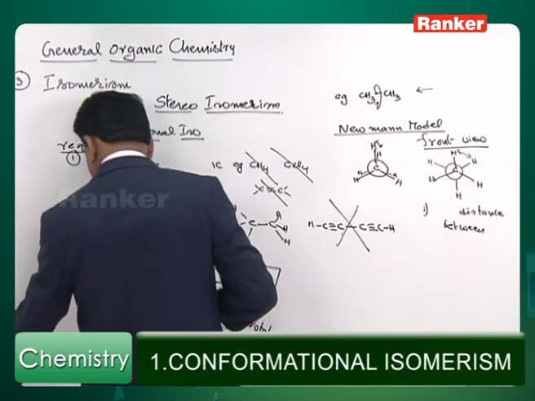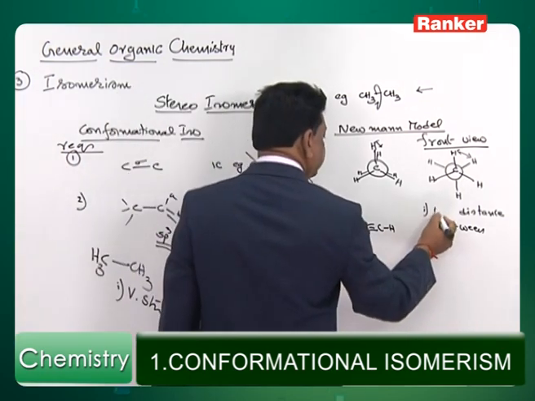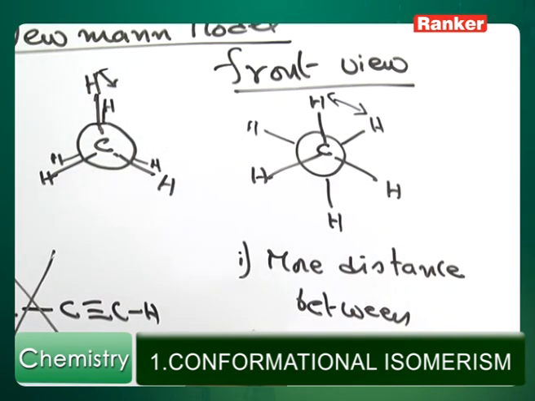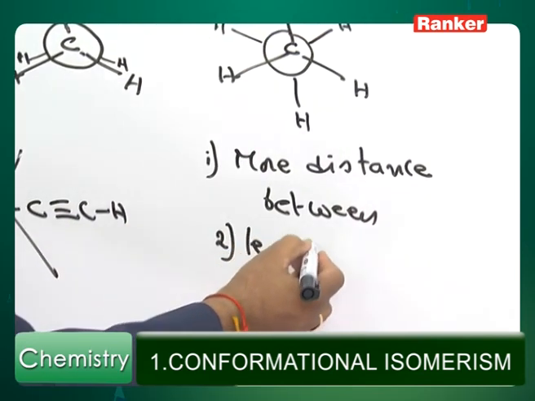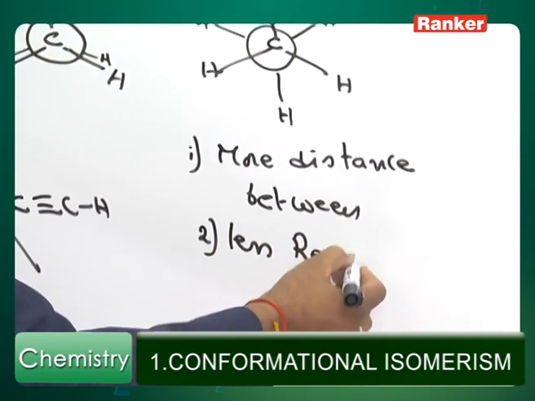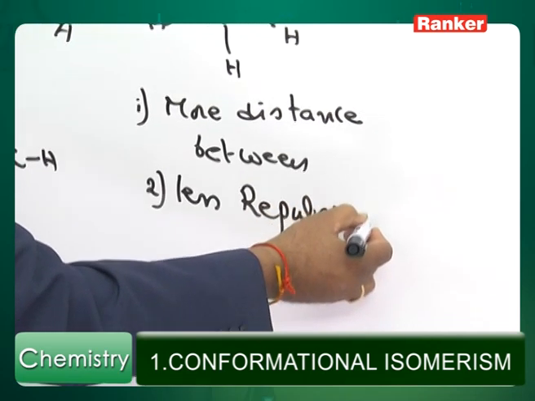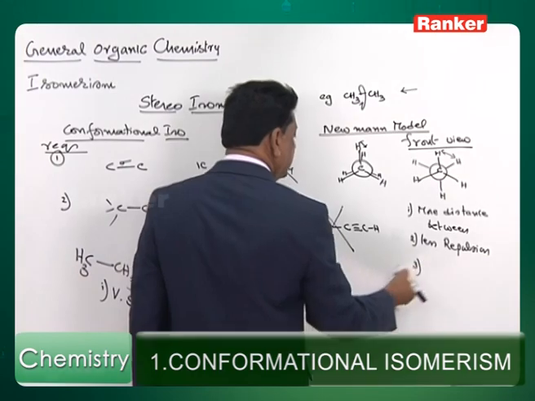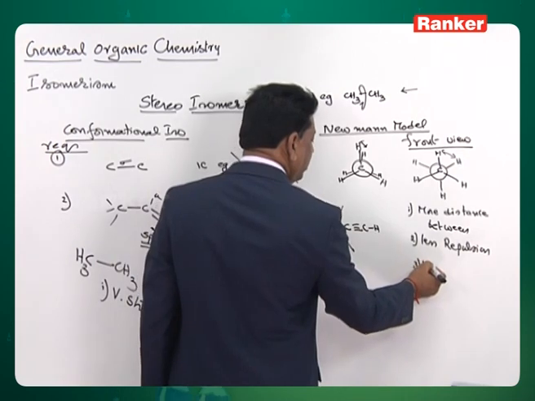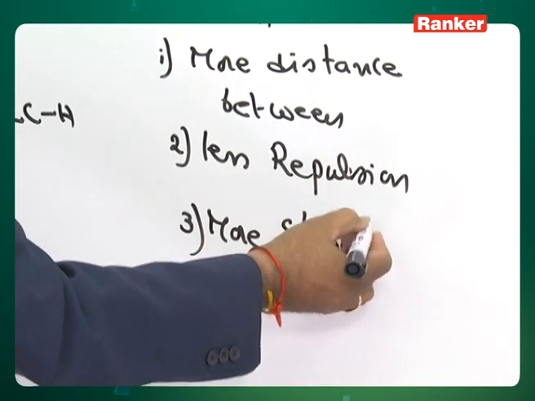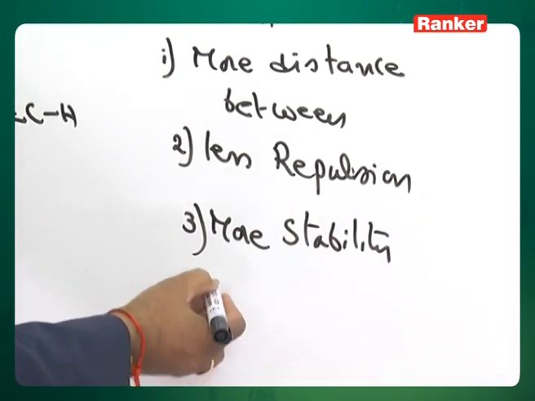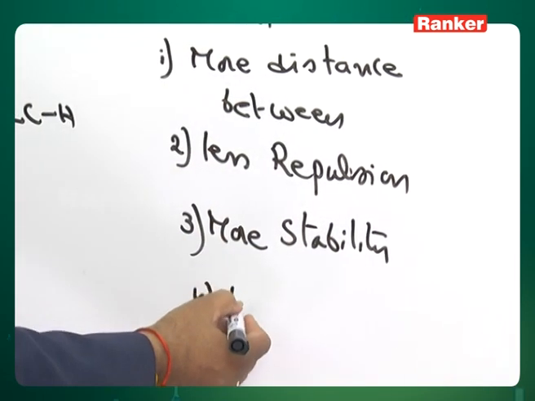So, therefore, what we get is more distance. The more the distance, the less will be the repulsion. When repulsion is less, stability will be more. When stability is more, its potential energy will be less.